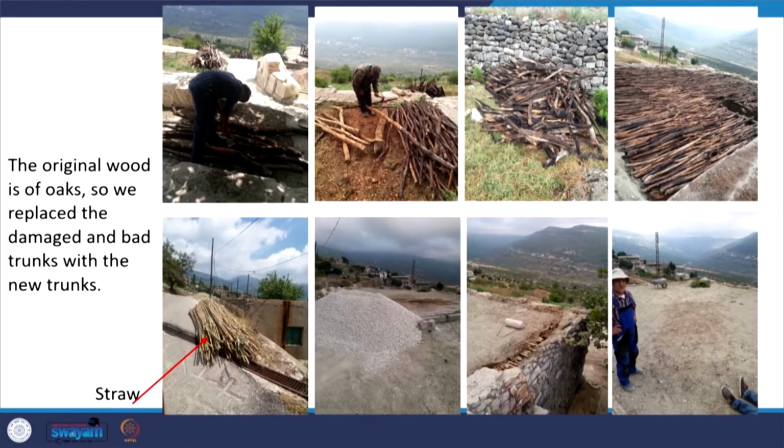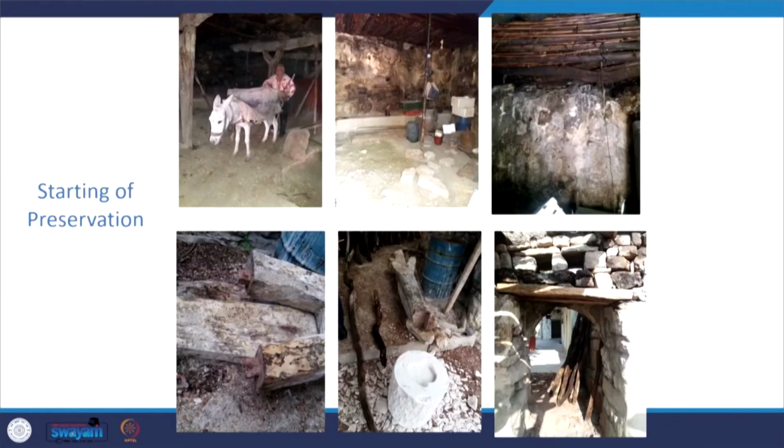So they brought newer trunks and they got the straw. What they did was, they first replaced this with the newer trunks, and over that they put this straw, and then the gravel, and the sand. So that is how the thick layer has been made. So the roof has been redone again without disturbing the structure.